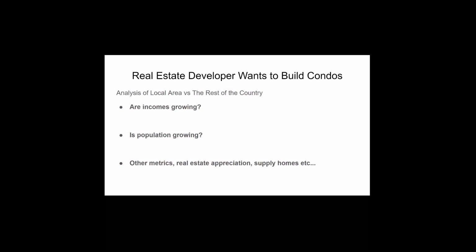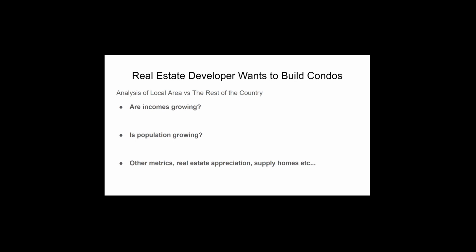If you're a real estate developer building condos in a county, you might want to look at data and ask, how are incomes growing in this county, and how do they compare to the rest of the nation? That's a relative value analysis. How's the population growing in this county compared to the rest of the country? How are real estate prices appreciating here versus the rest of the country?